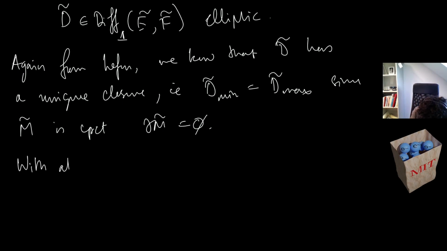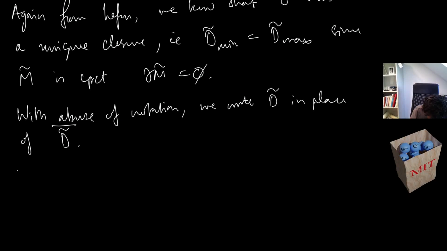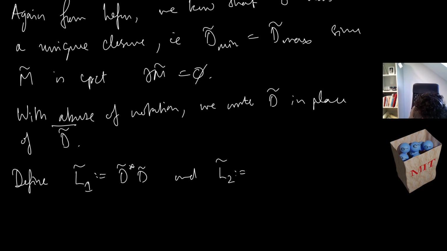With abuse of notation, we write D tilde in place of D tilde closure. Okay? Now we define L1 tilde equals D tilde star D tilde, and L2 tilde equals D tilde D tilde star. Okay, so let's just leave it at that.